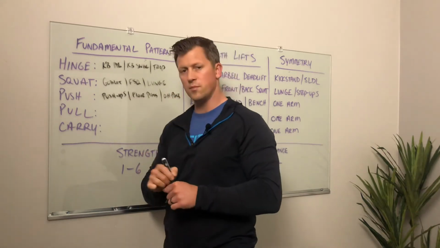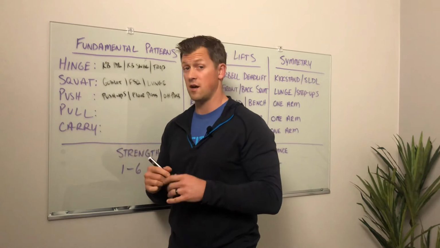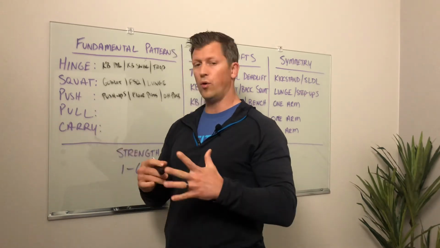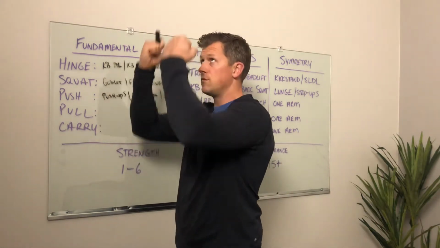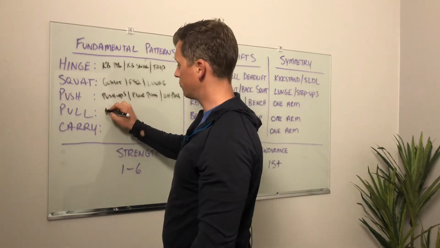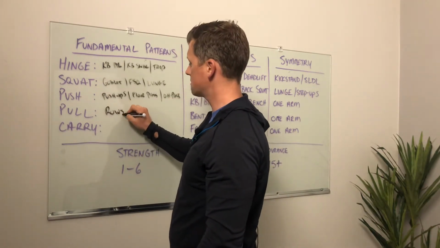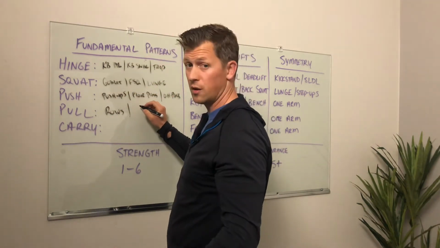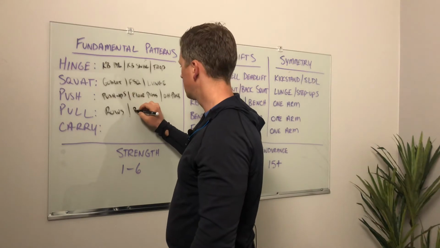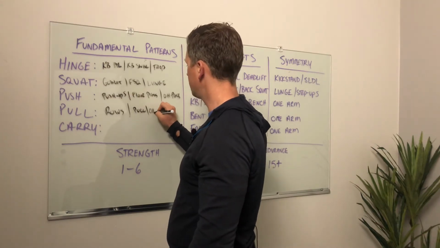Those are all examples of push exercises. Then we have pull. Again, you can subdivide this into horizontal pull and vertical pull. So any type of rows that we do within class, and any type of vertical pull down like chin-ups and pull-up variations.